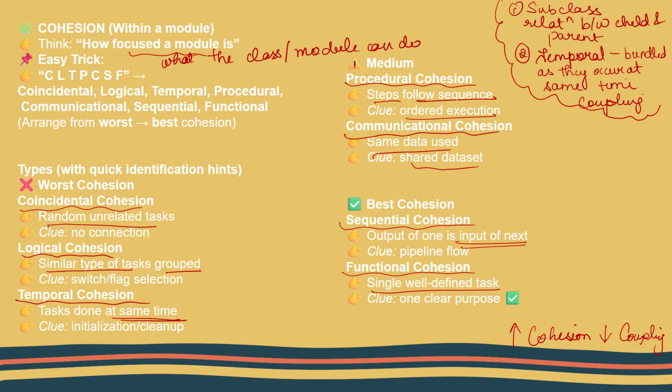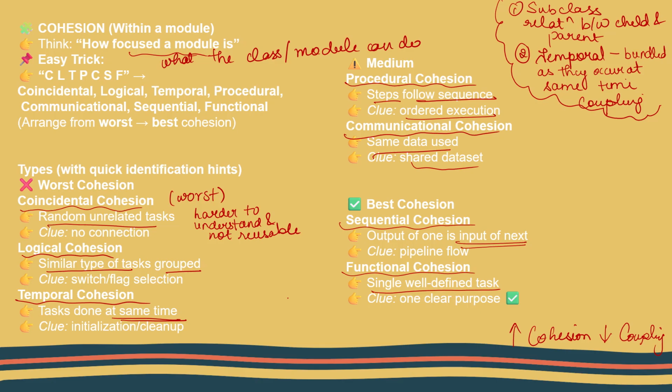Now, coincidental cohesion is basically the worst cohesion. It is not related but bundled together. It is harder to understand and not reusable. Then is logical cohesion.